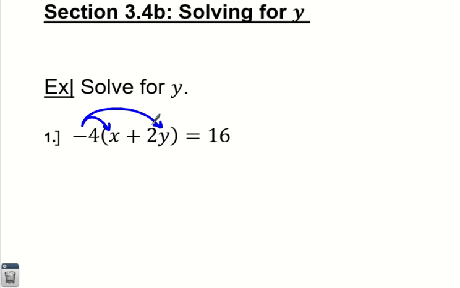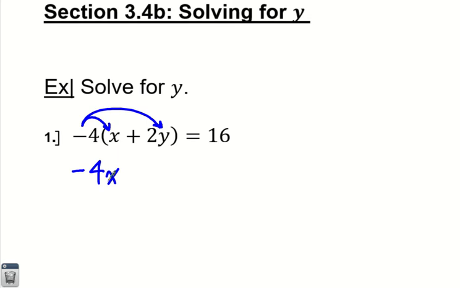So -4 distributing here. -4 times x is going to be, of course, -4x.